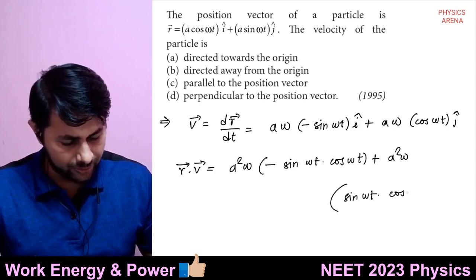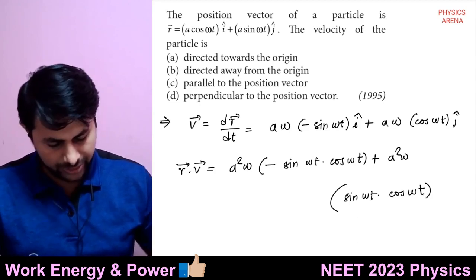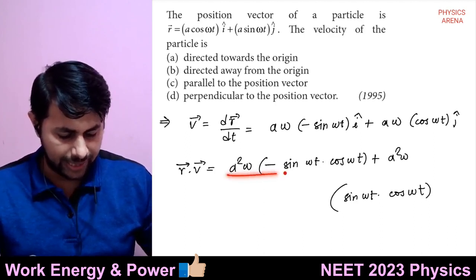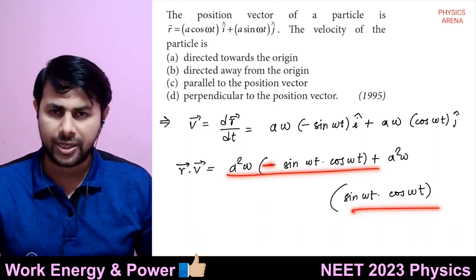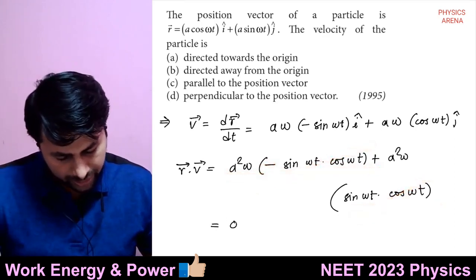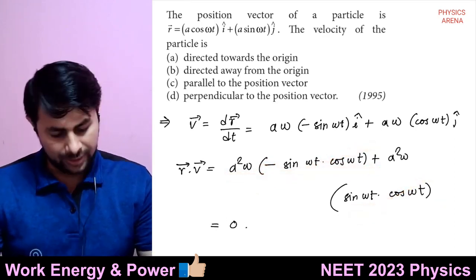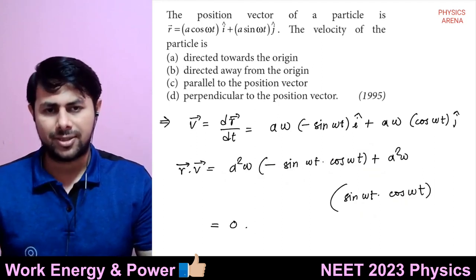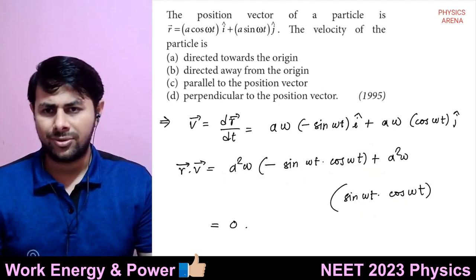You can see this is the same term, but here you have a negative sign, so the two terms get cancelled and the result is 0. Since r bar dot v bar is 0, they are perpendicular to each other.